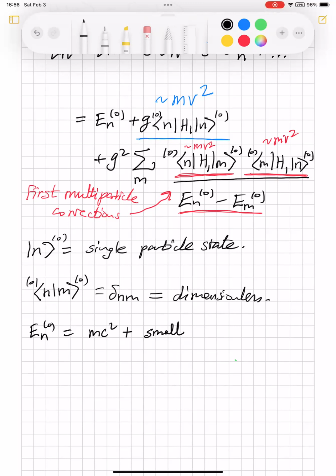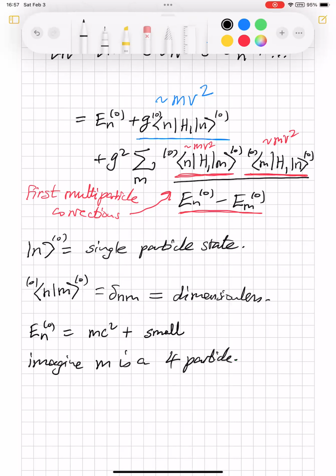Now, to get a genuine multiparticle correction, we have to consider a state m that is a multiparticle state. So imagine that m is a 4-particle state.